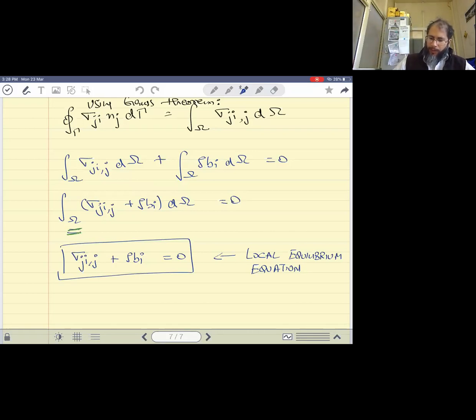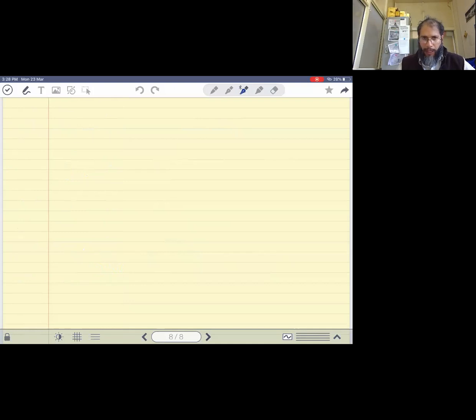Okay. The next step is to write the moment equilibrium. Now it's very similar. The process is very similar, but still we have to go through it because the results are very interesting.